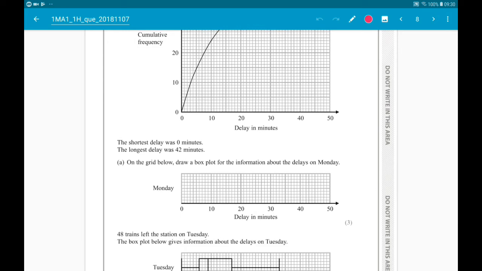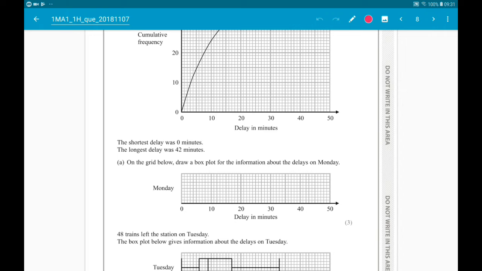Okay, our first job is to draw a box plot. So we are told the shortest delay was 0 minutes, the longest delay was 42 minutes. So part A, on the grid below, draw a box plot for the information about the delays on Monday.